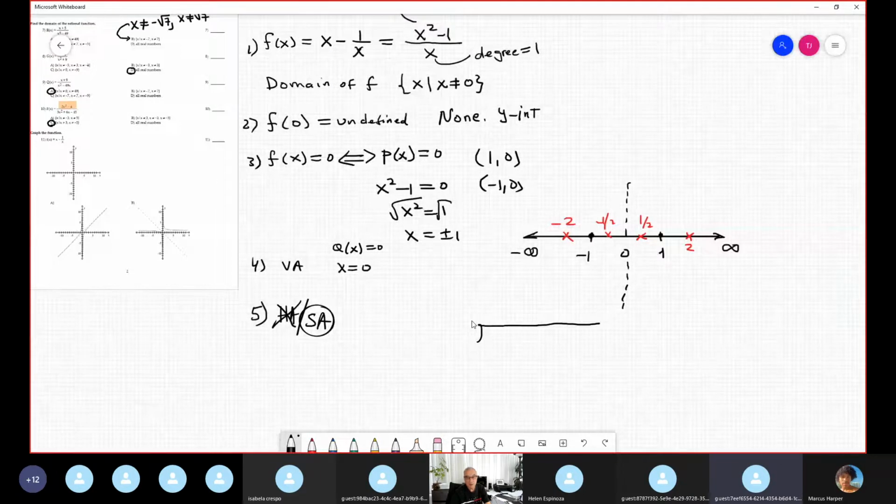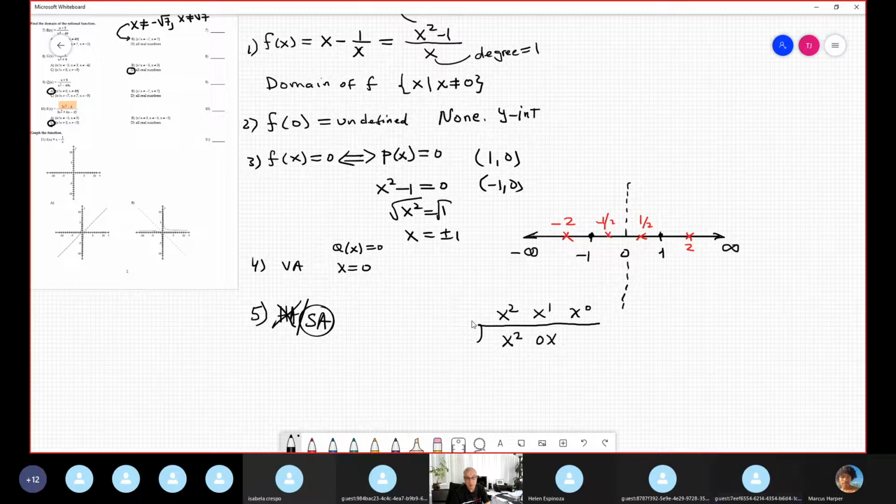So I copy here x squared, x to the 1 power, x to the 0 power. I write the numerator: x squared plus 0x minus 1. No, this is synthetic division. Long division not necessary. You divide by x, which is the divisor.